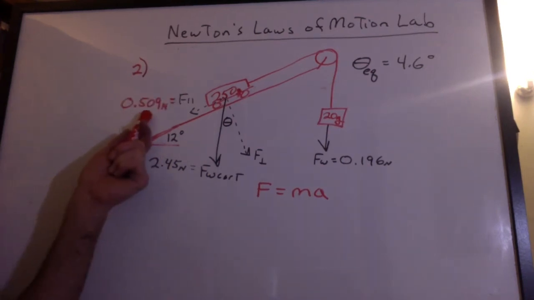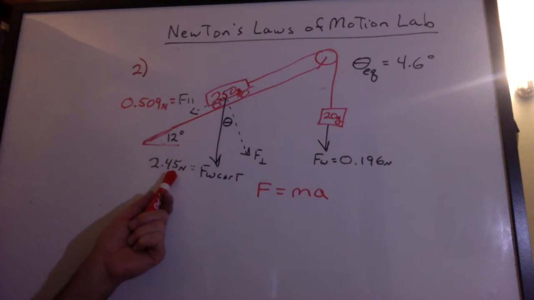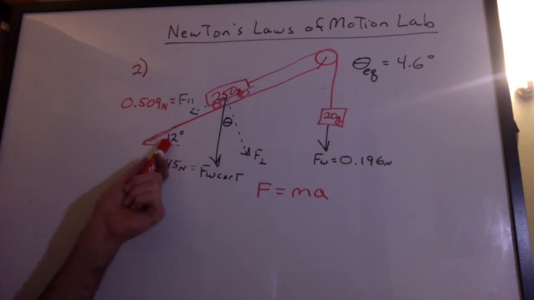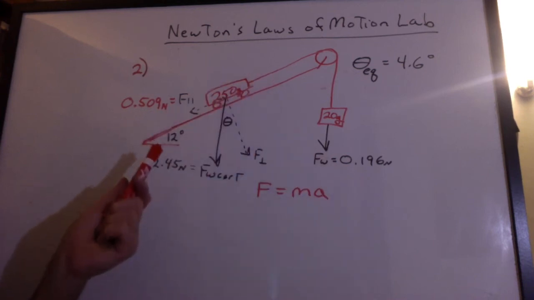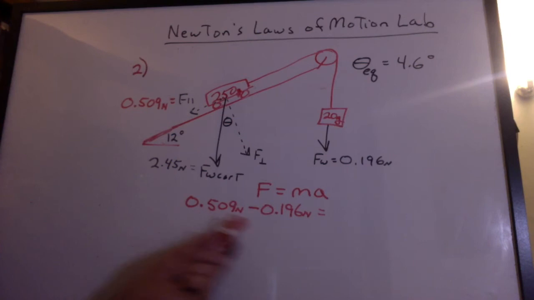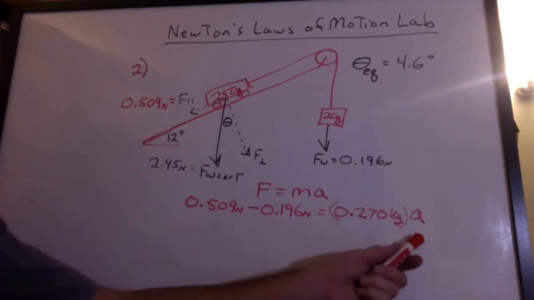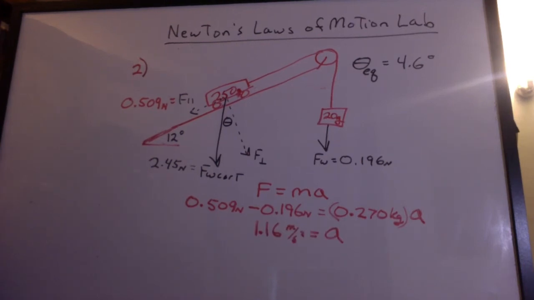I get 0.509 newtons by taking 2.45 times the sine of 12 degrees. Now that force is bigger than this force. So I'm going to say this is the forward direction. I'll take the forward force minus the backward force and solve for the acceleration. That's 1.16 meters per second squared, and it's theoretical.